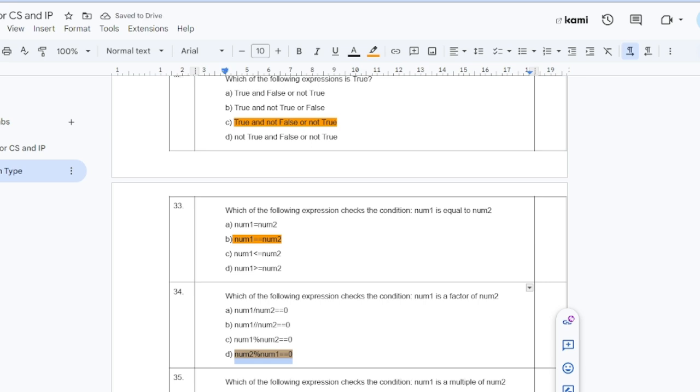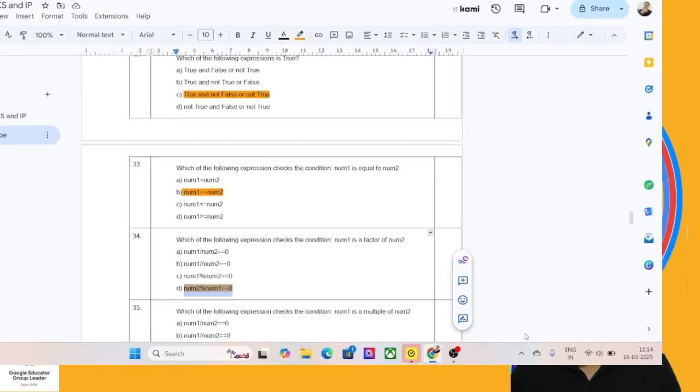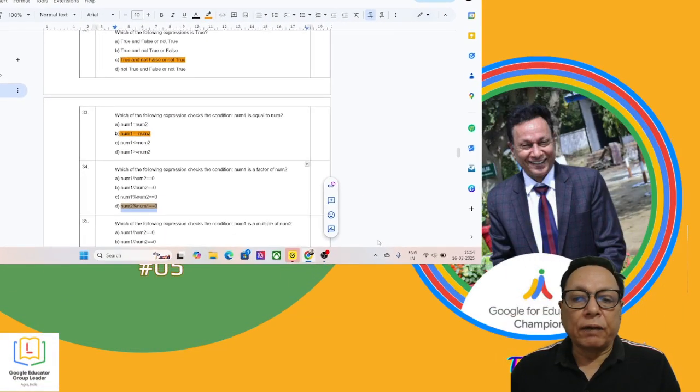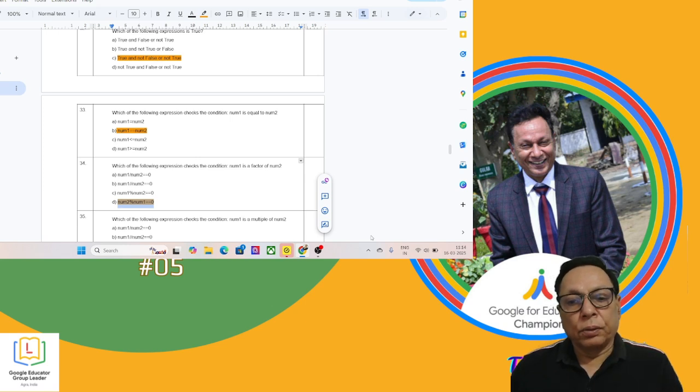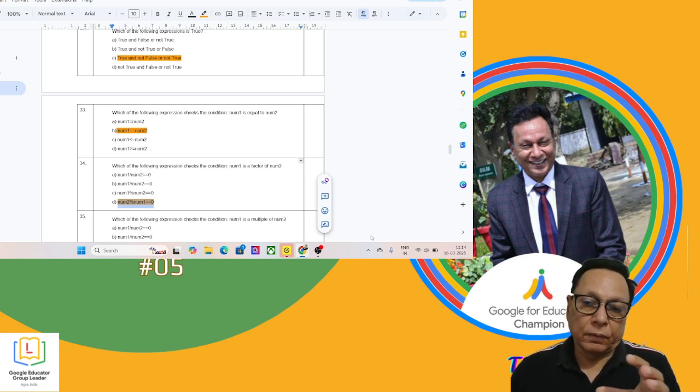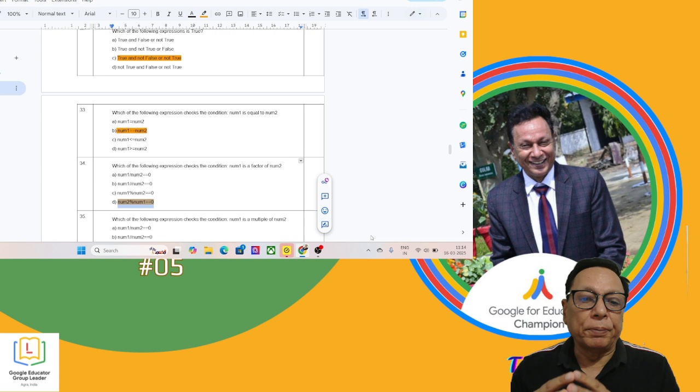So this is how we can solve these Boolean questions. If such kind of questions are available in your question paper, you can solve them using this logic, and, or, Boolean operators and relational operators.